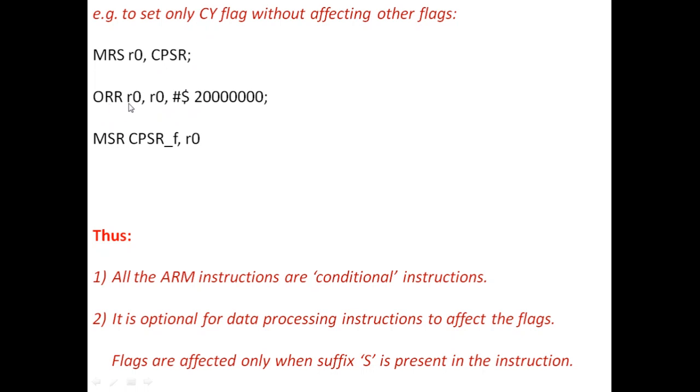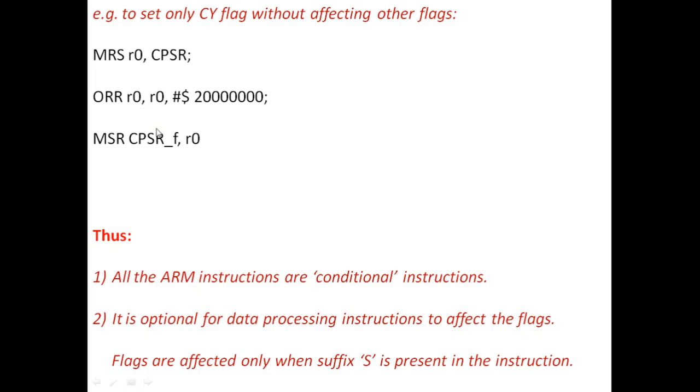It's an OR instruction. It ORs this pattern with the content of R0. So wherever you have bit 1, this is the 31st, 30th, 29th bit. Bit 29 of the CPSR is the carry bit, and therefore when you OR R0 with this pattern, only that bit, the carry bit, will be set, and that will be stored in R0.